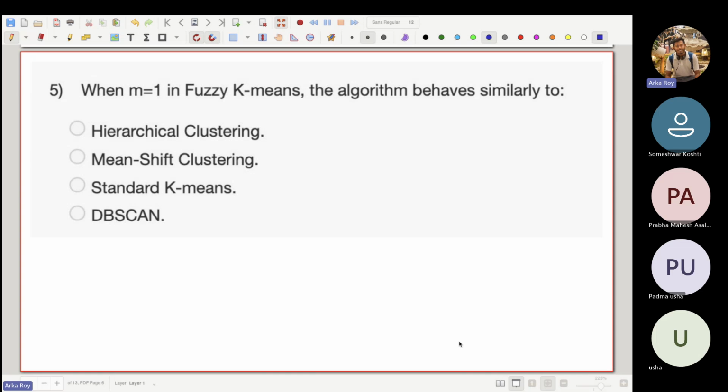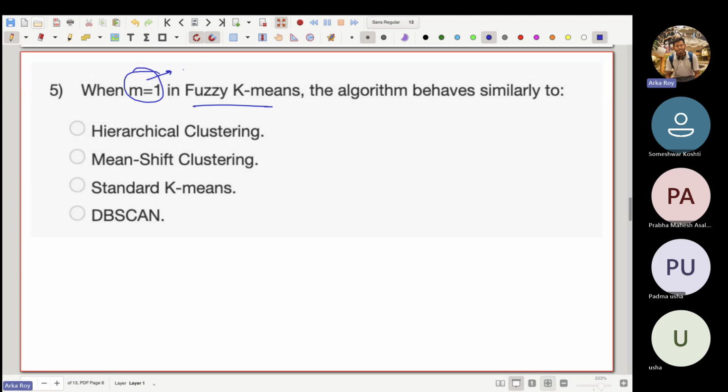If you put m equals 1, you have 100% probability of stating that point 1 belongs to cluster 1. So the decision is quite strict. m equal to 1 means there is no uncertainty, it is fully certain, so you can say whether data point 1 belongs to a particular cluster or not.